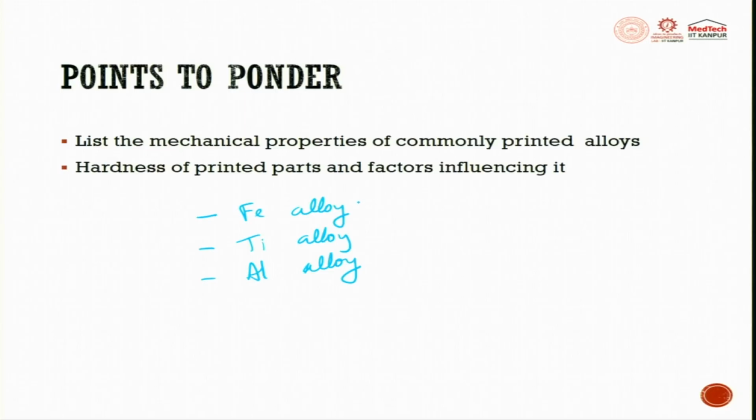Nowadays we are trying to get better mechanical properties as compared to conventional strength. One parameter we have used till now is hardness. Hardness HV is inversely proportional to the grain size. As the grain size increases, the hardness decreases.